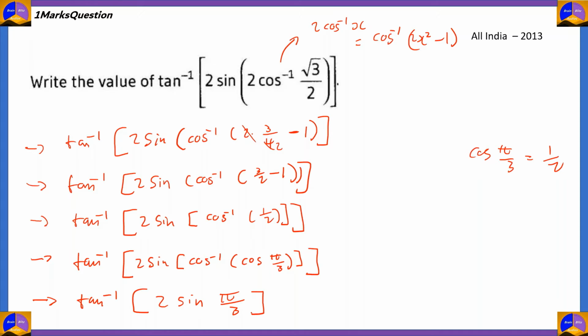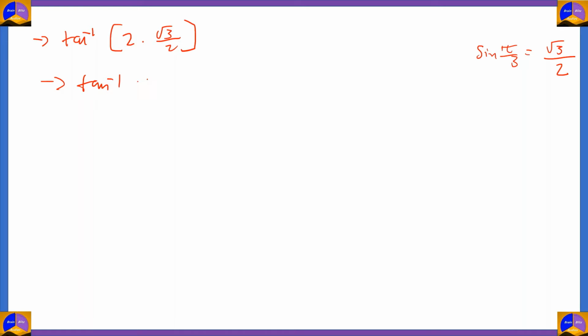So how do you reduce this further? We know that sine pi by 3, that is sine 60, is equal to root 3 by 2. So now we'll put that in the value. Tan inverse of 2 into sine pi by 3, that is root 3 by 2. 2 gets cancelled, so we have tan inverse of root 3. Tan inverse of root 3, so we know that tan pi by 3 will be root 3.